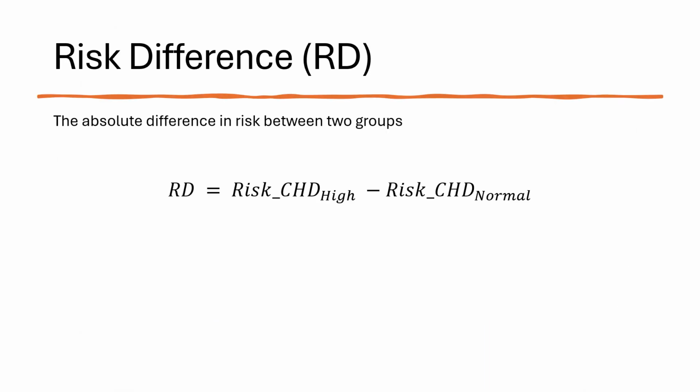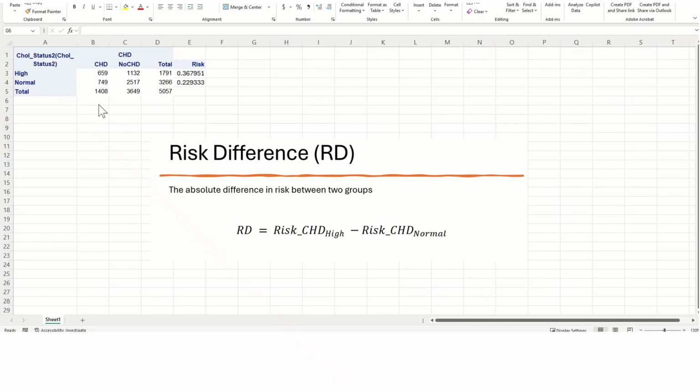This difference is simply the mathematical difference in risk between the two groups. In our example, risk difference is the risk of chronic heart disease among the high cholesterol individuals minus the risk of chronic heart disease in normal cholesterol individuals, or vice versa. So here we can calculate the risk difference by hand.